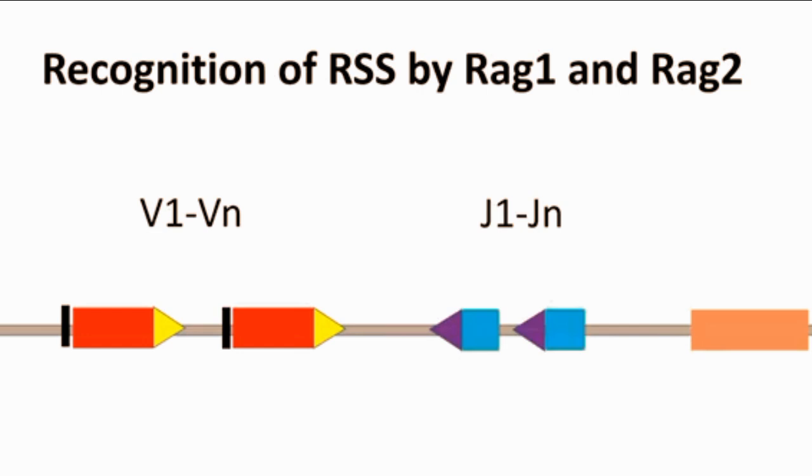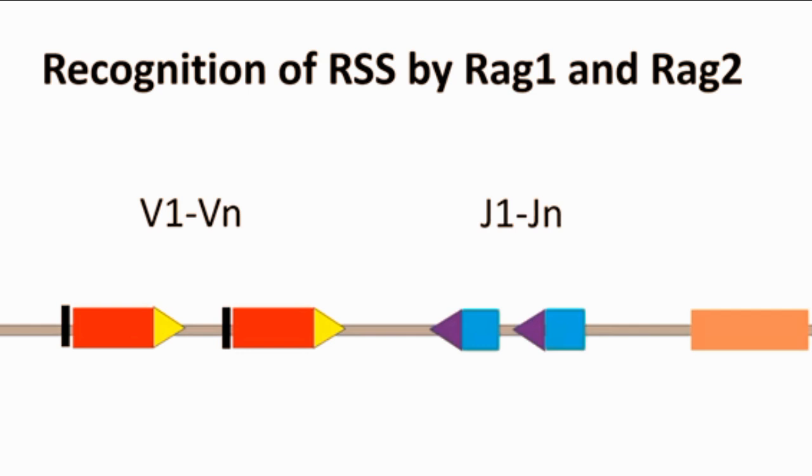So let's just look quickly at the mechanism of VDJ recombination. The first step of the recombination is that the enzymes RAG1 and RAG2 should recognize the proper recombination signal sequence on the VDJ gene segment.